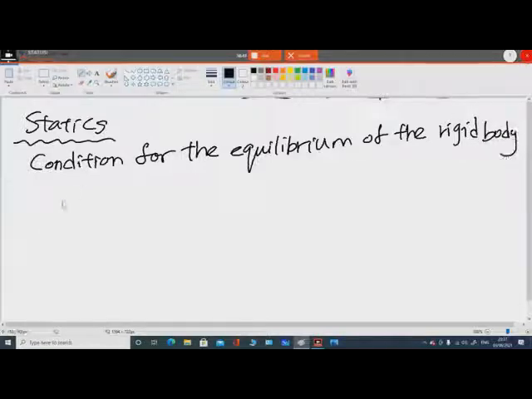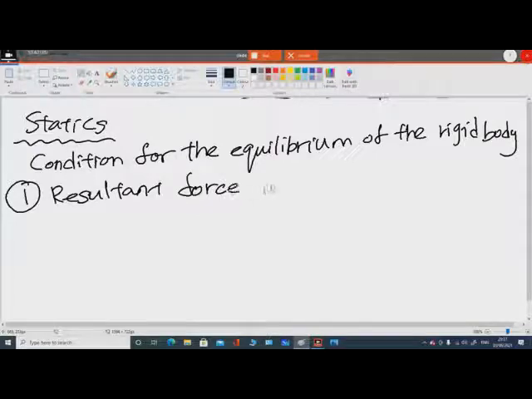For the first one, the resultant force acting on the body is equal to 0.